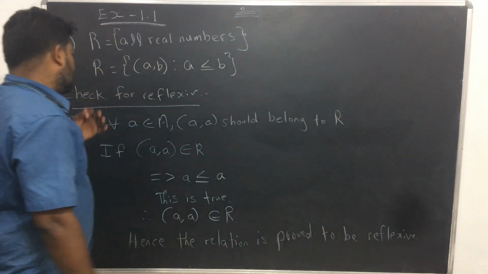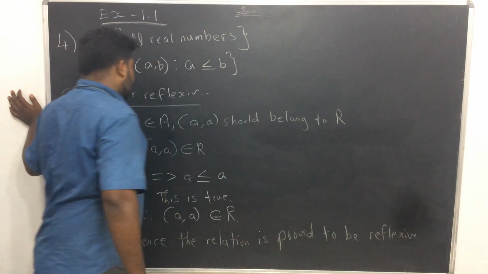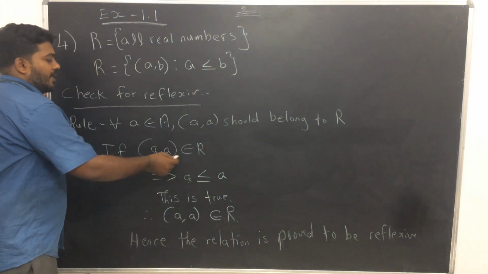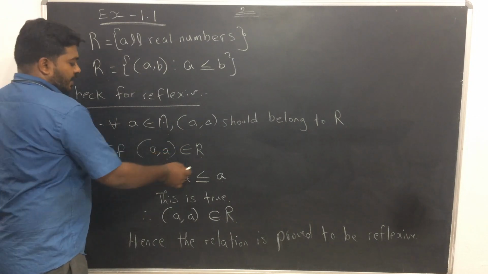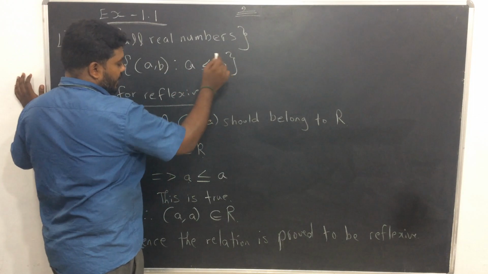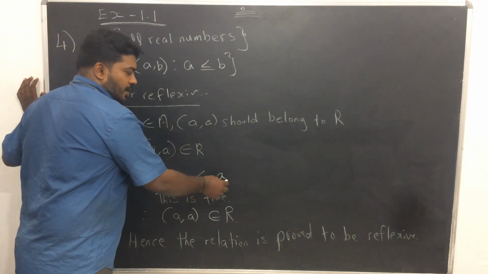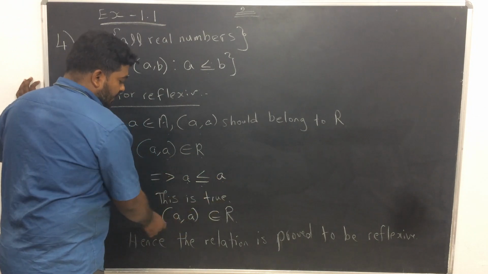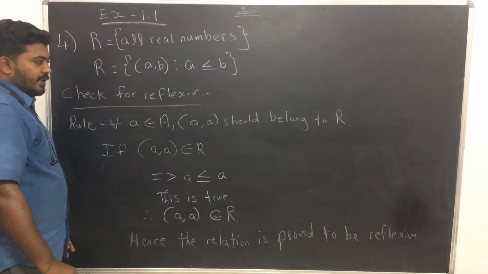So, how did we start? We wrote the rule: for every A, (A, A) should belong to R. Then I took, if (A, A) belongs to R, then what does that imply? It implies that A should be less than or equal to A. Because we know that A will always be equal to A, this is true. Therefore, (A, A) belongs to R, and hence this relation is proved to be reflexive.